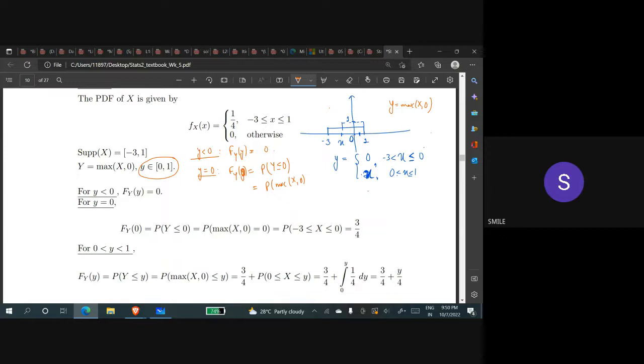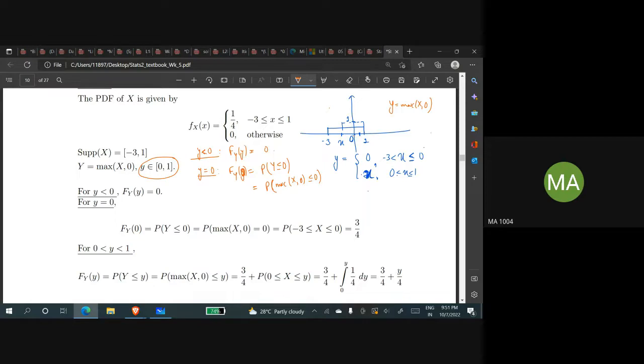Ma'am, sorry, but how is F_Y(y) equal to 0 when y is less than 0? Because the range of y is 0 to 1, you're not defining y for less than 0, right? So it should be 0. Okay.